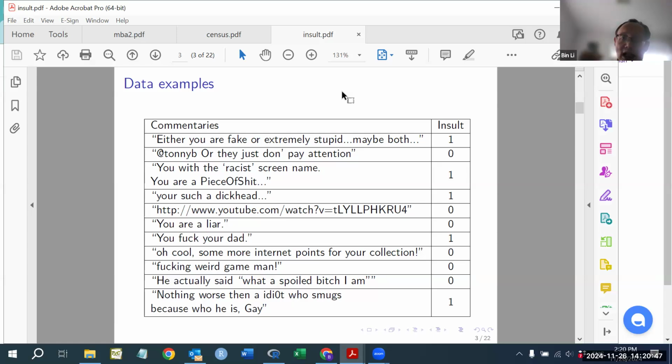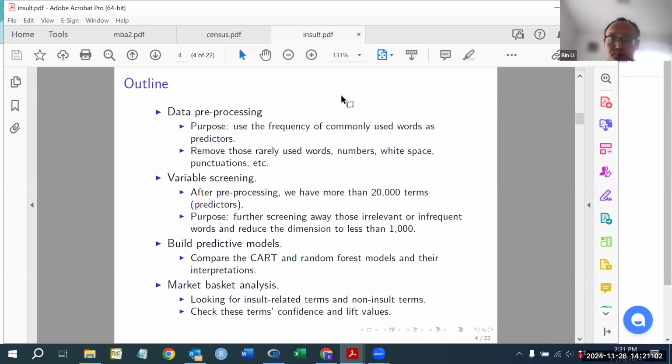So we have to pre-process this data as a text mining problem, and also we need to reduce the dimensions. We will see that in a minute. The outline: first is data pre-processing. The purpose of this step is to use the frequency of commonly used words as predictors.